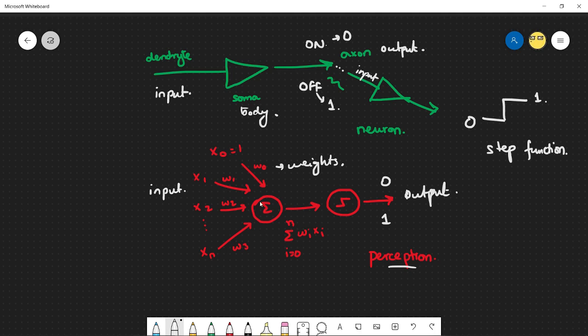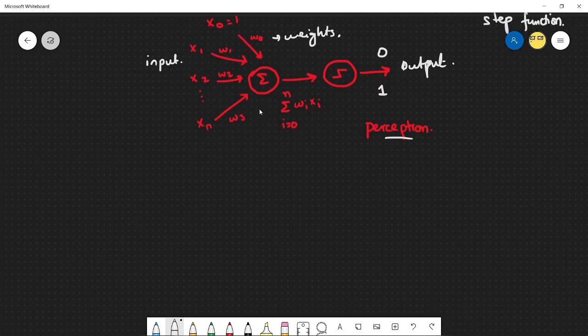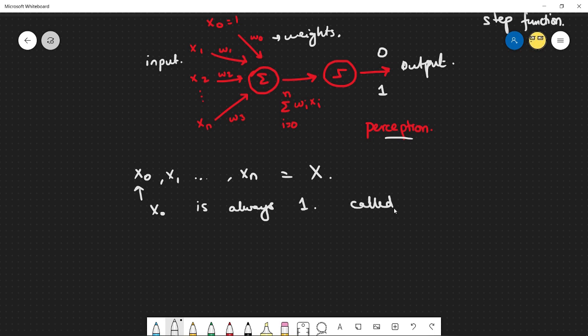So a little bit of information about these guys here. I'll just say that your inputs are going to be X0, X1, all the way to, let's say, some Xn. I'm just going to make it a big X here. And X0 is always 1. So this input is always going to be 1, and it is called the bias.